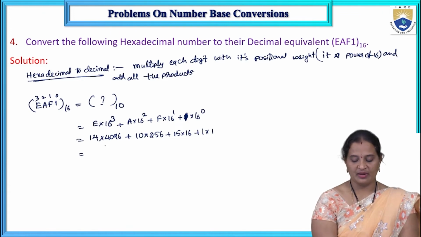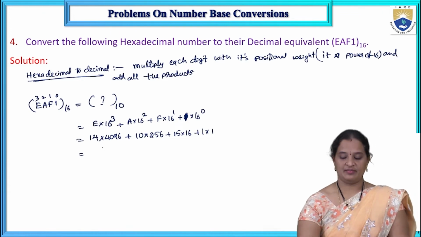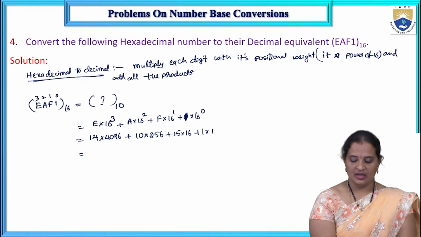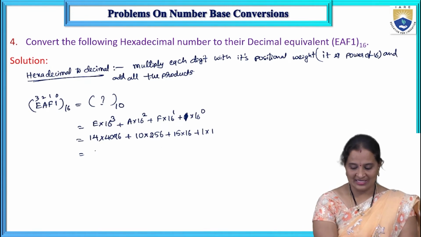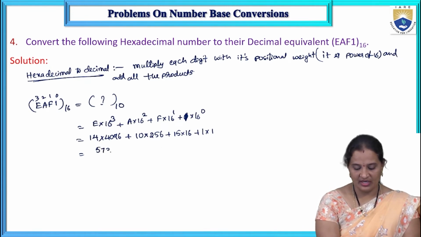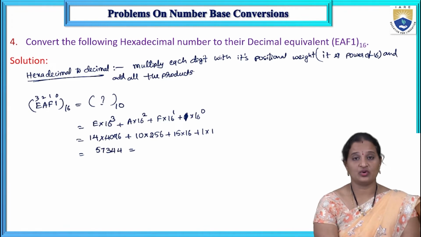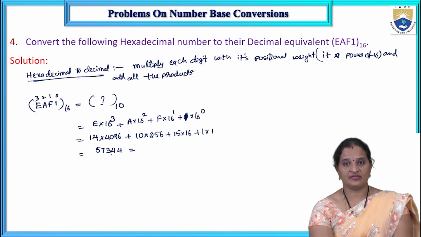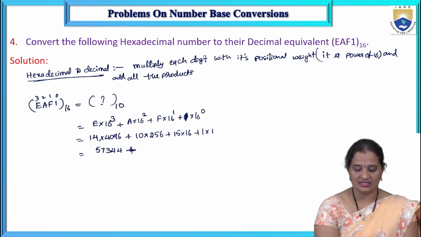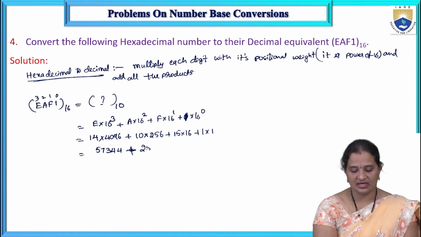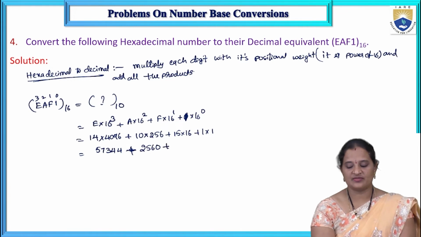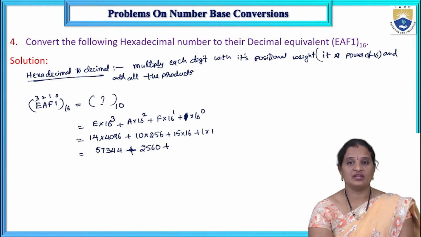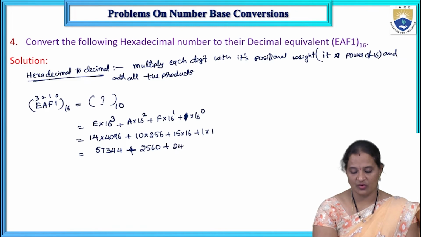If I multiply, 14 into 4096 is 57344, plus 10 into 256, that is 2560, plus 15 into 16 equals 240, plus 1 into 1 is 1.